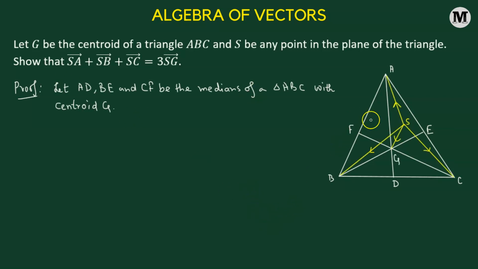Now we'll be defining the position vectors of the vertices A, B and C. For this, we're going to consider a point O, which is going to be the origin of some coordinate system.